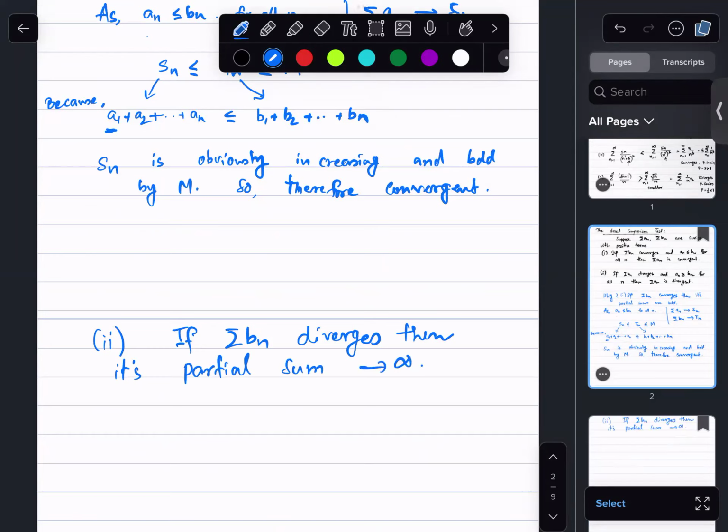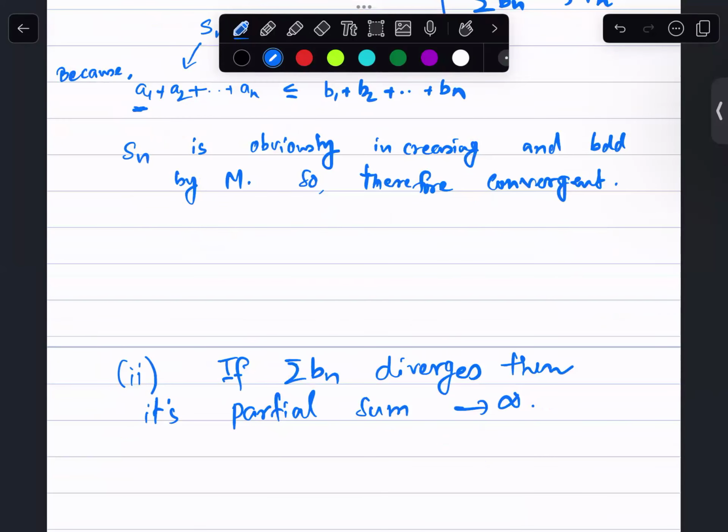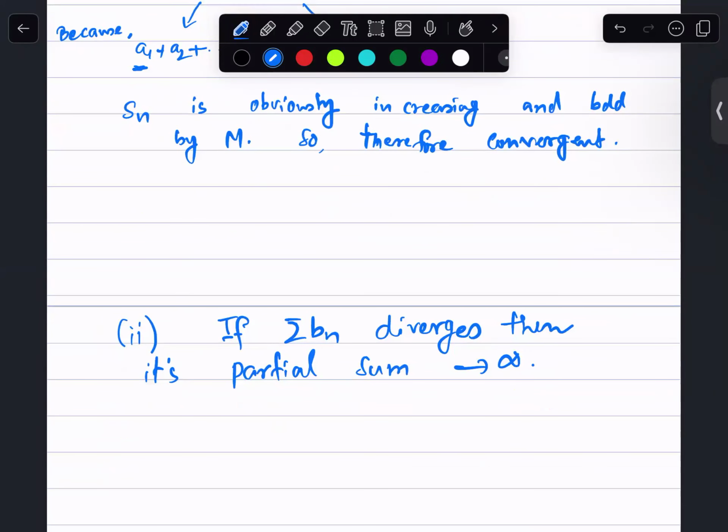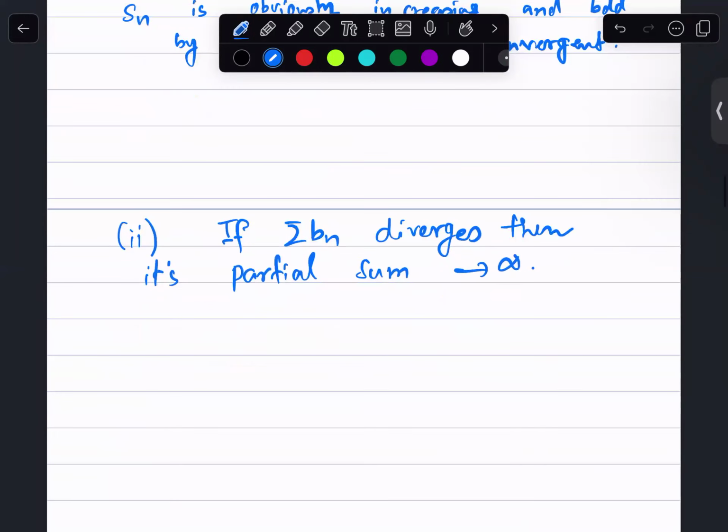Because the sequence of partial sums is increasing because the terms are positive, so it's increasing. And an increasing sequence not converging means the sequence must be going to infinity, right? This is a subtle point, so try to think about it.